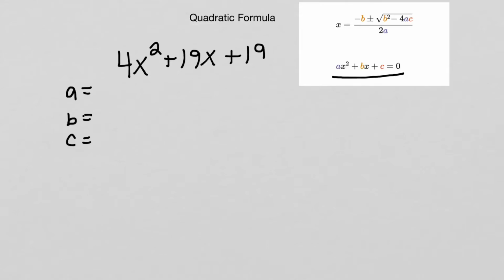One thing you have to do, and it's key, is to make sure that there's a 0 on this side. Otherwise, you've got to do some math. There is a 0 on the other side of this, so you don't have to do anything. You just have to identify the numbers. So A equals 4, B equals 19, and C also equals 19.